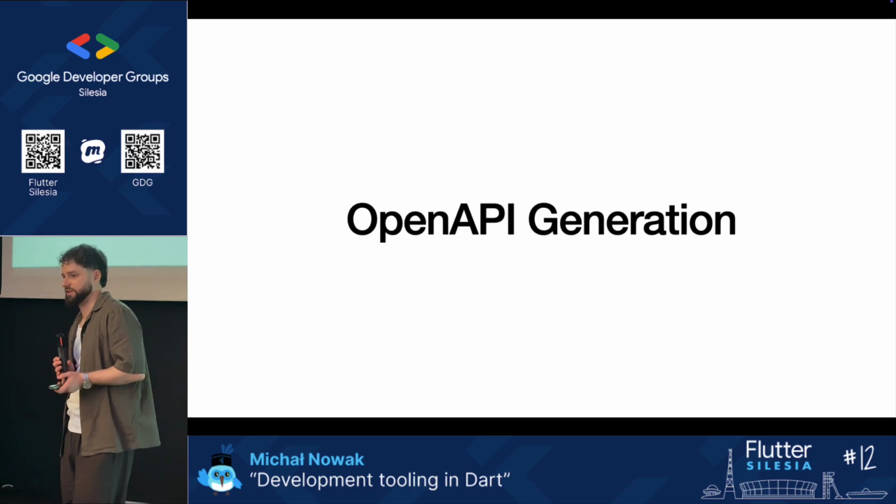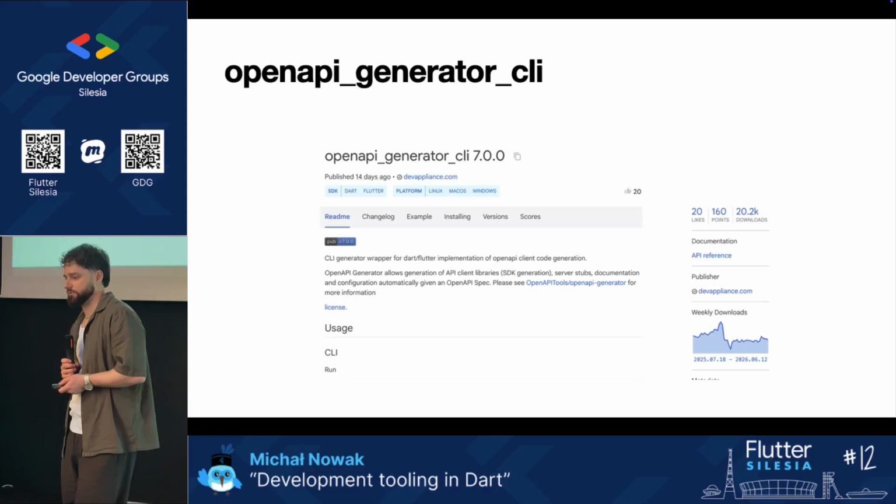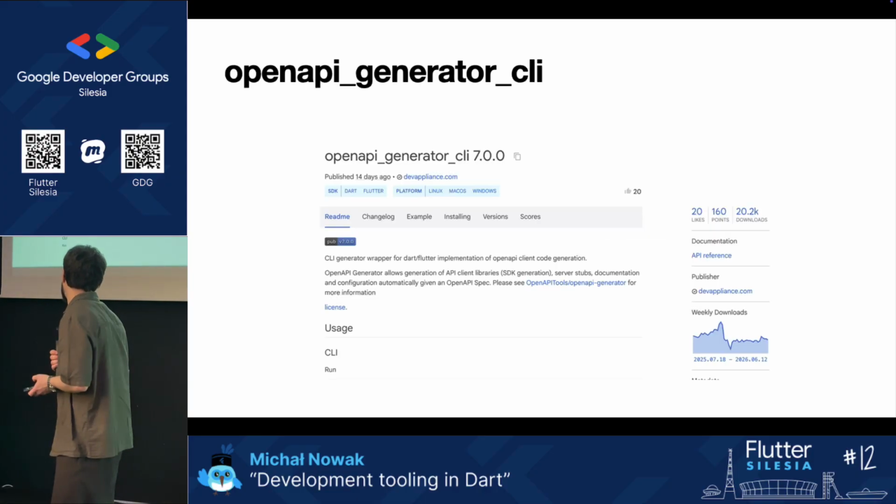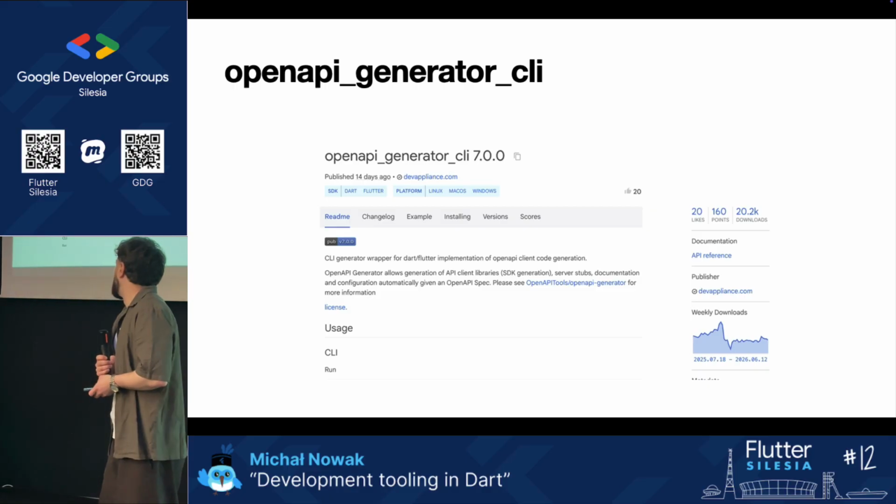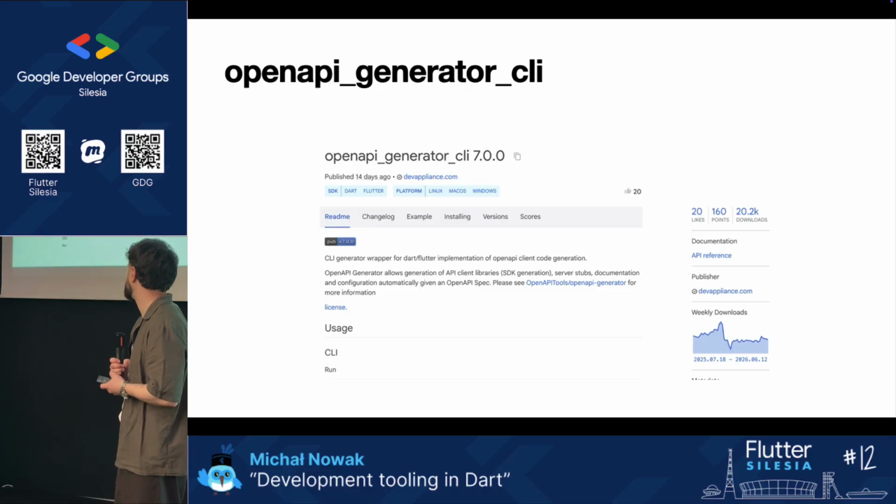And it's often the case that those APIs include some OpenAPI spec, which we can then use to generate that. There are a couple of tools out there, I think, but I found one we're using and it sort of works.